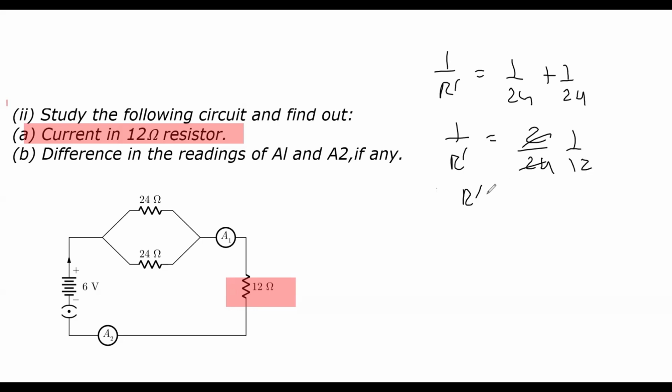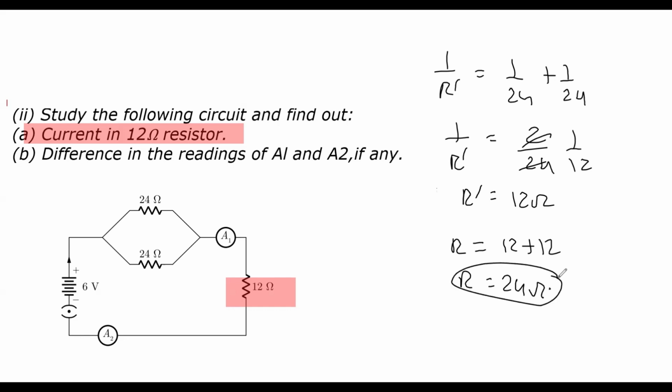So the resistance here is 12 ohm. This is connected in series with this, so the total resistance is 12 plus 12, 12 from here and 12 from here. So this gives 24 ohm. This is the total resistance.